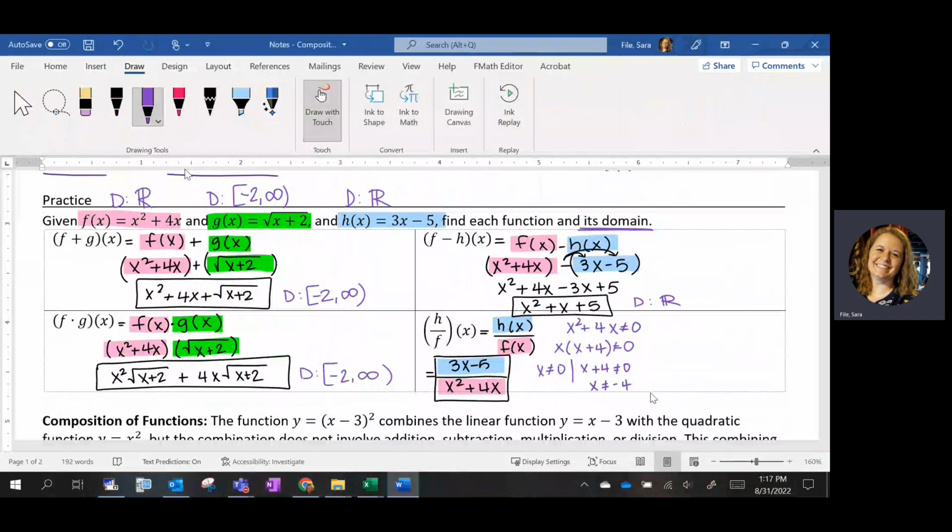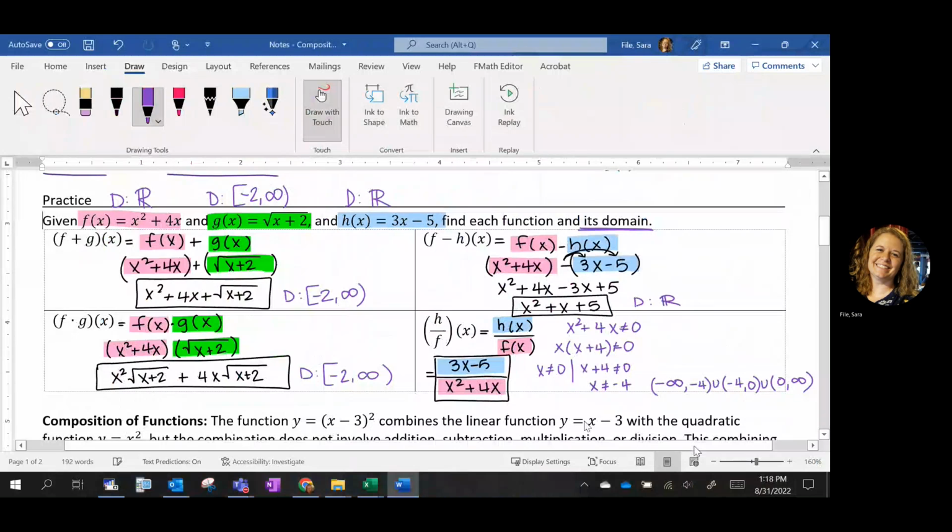So for my domain in interval notation, that would be negative infinity to negative 4, union negative 4 to 0, union 0 to infinity. Does that make sense?